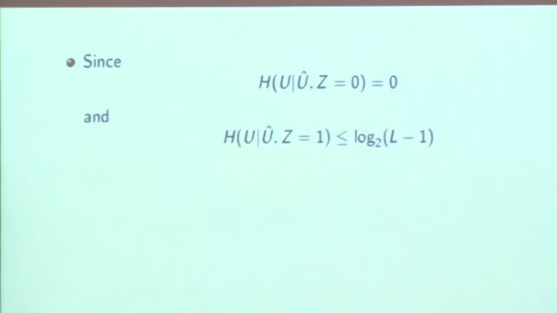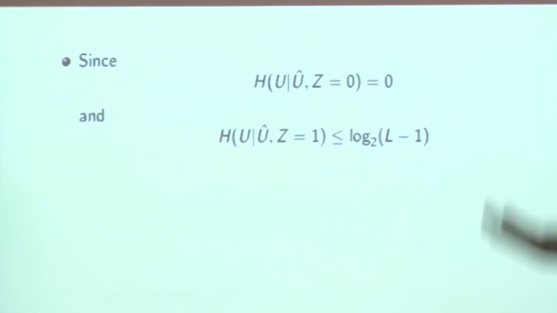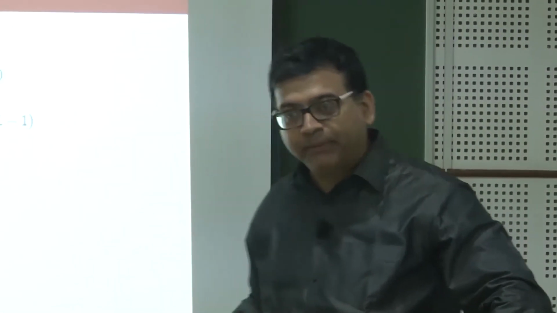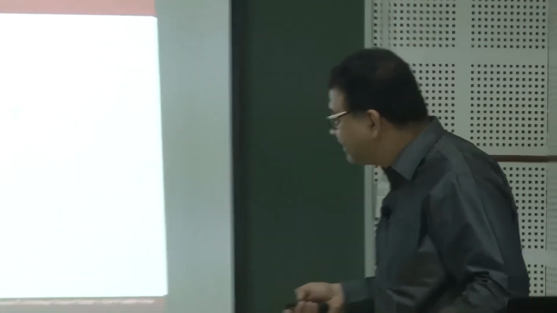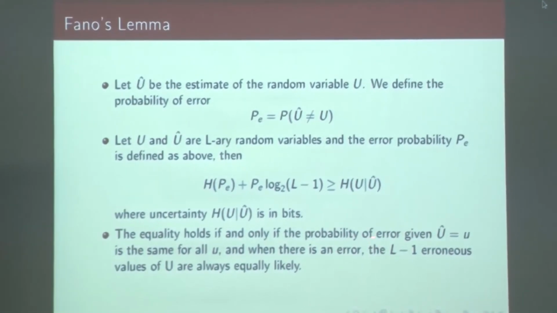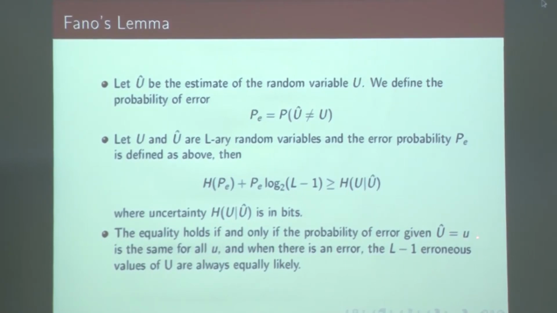When is it equal to log L minus 1? When all other values are equally likely to happen. So, that is the second condition that you are getting. So, equality holds if the probability of error given u hat is u is the same for all u, and if there is an error, all L minus 1 values of u are equally likely to happen. Okay. So, that is your Fano's lemma.